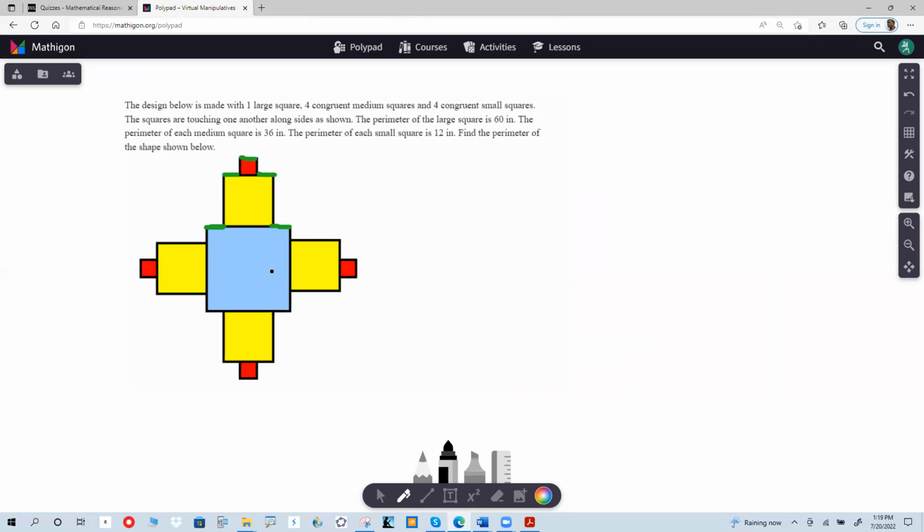Do you see that? If you collapse them and drop them on the blue square, exactly. So one side of the blue square is 60, so each side will be 15. So this will be 15. Good. And that's really one of the hardest ideas. So this is 15. The rest is very easy.